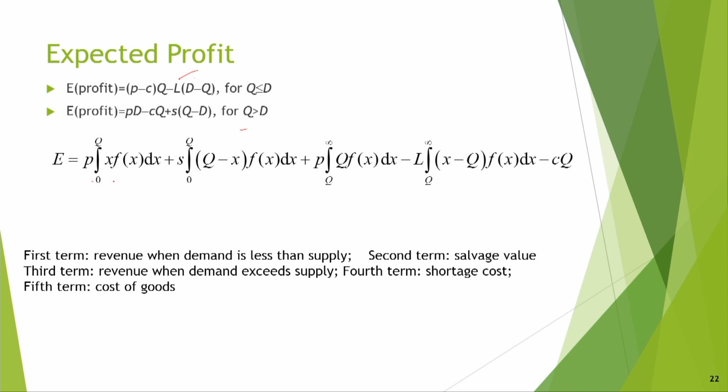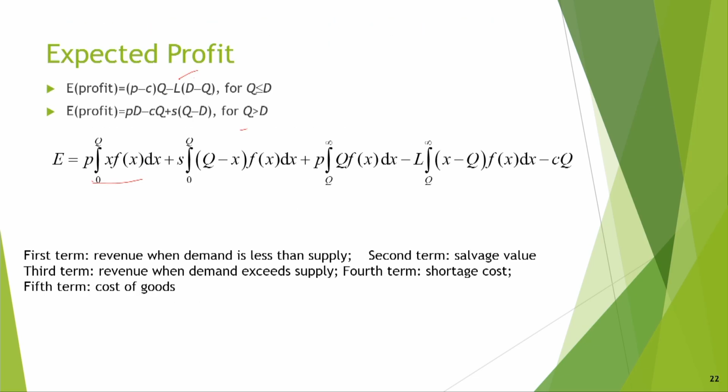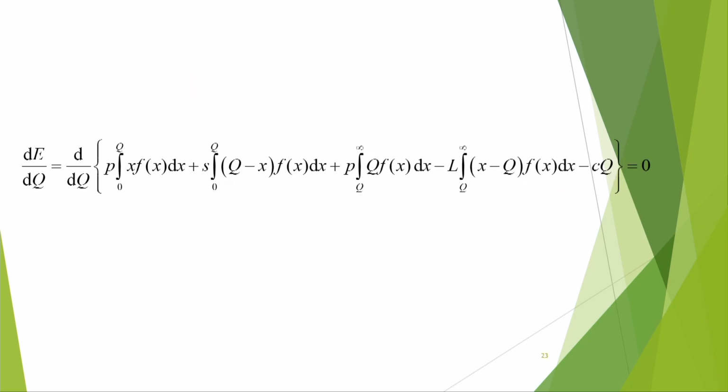So profit is equal to P into the integral from 0 to infinity of x f(x) dx, plus S times the integral from 0 to Q of (Q minus x) f(x) dx, plus P times the integral of Q f(x) dx, minus L times the integral of (x minus Q) f(x) dx, minus C Q. So here the first term tells revenue when demand is less than supply, the second term is salvage value, the third term tells revenue when demand exceeds supply, the fourth term tells shortage cost, the fifth term is cost of goods. Anyway, I will tell again in more detail in the next class.